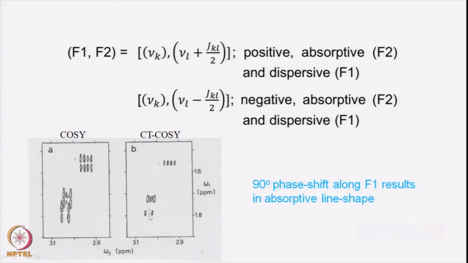and this improves the resolution along the F1 dimension in the cross peak area, because we want to look at the cross peak fine structure, and wherever we can measure this we can actually measure the coupling constants very well. That is the advantage of the constant time COSY, and therefore this component has been used in many multidimensional experiments.